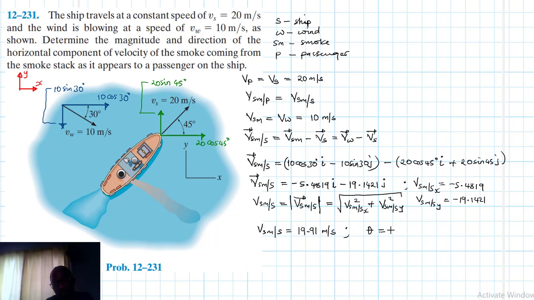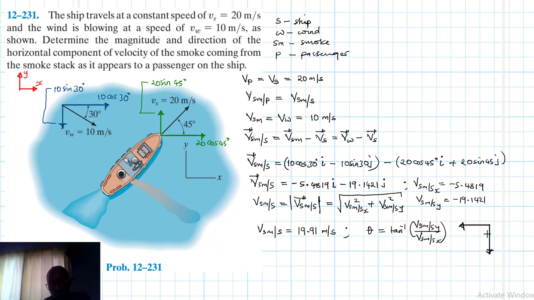This is just going to be equal to tan inverse of V_SM/S y divided by V_SM/S x. Mind you, what we have here is they are both negative, so we have one component in this direction, then another component in this direction, then we have the resultant.